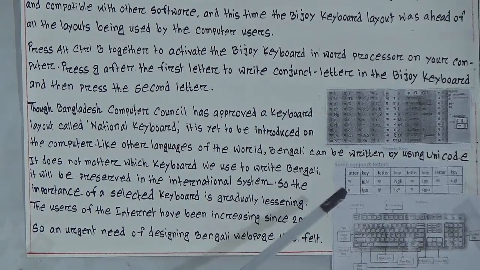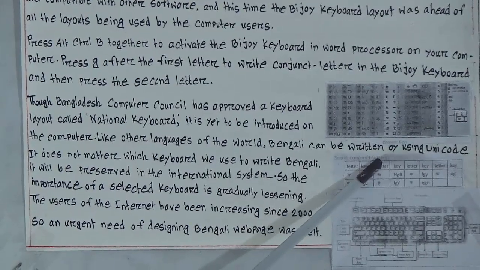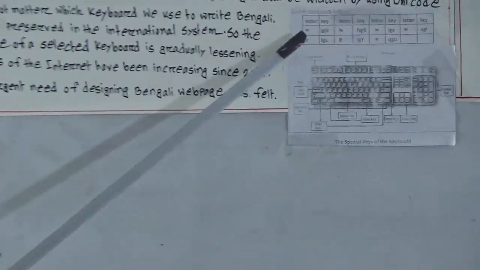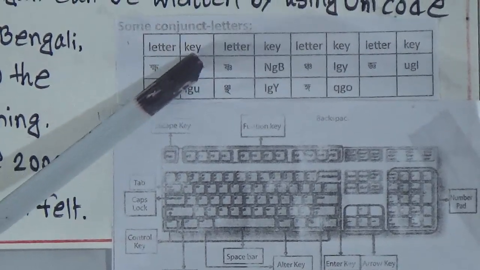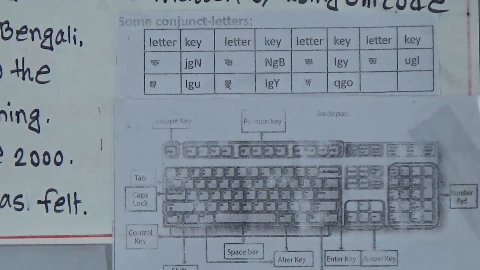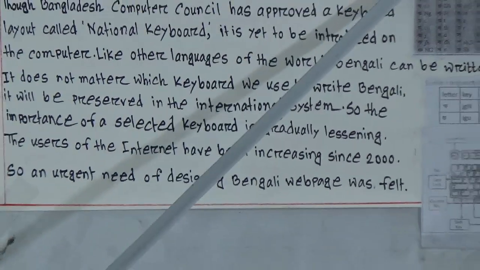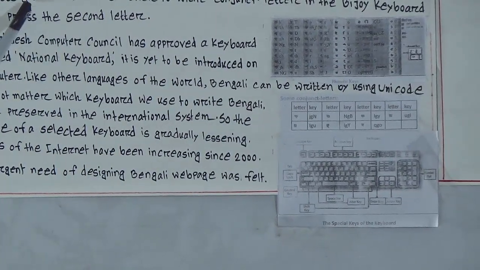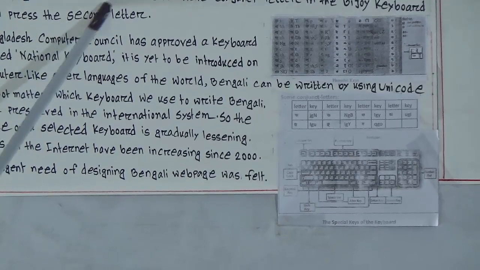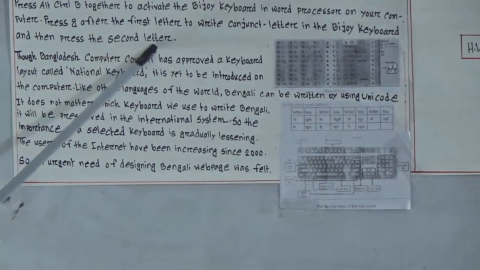Look at the picture, I have given a small picture of how to write some conjunct letters. Whenever you write a conjunct letter, press G after the first letter in the Bijoy keyboard, then press the second letter.